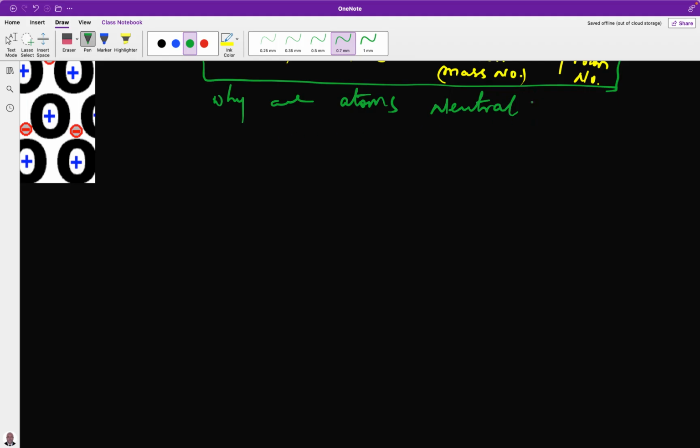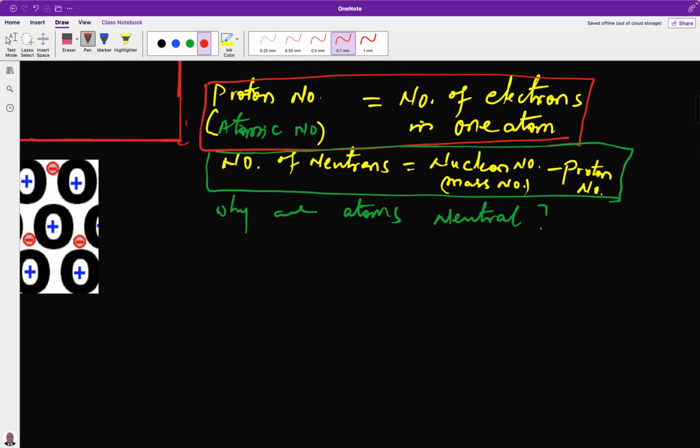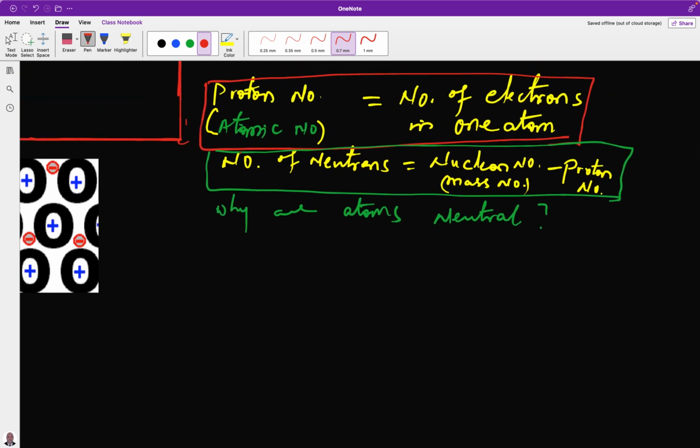Atoms are neutral because the number of protons is equal to the number of electrons, and as a result, they cancel each other.